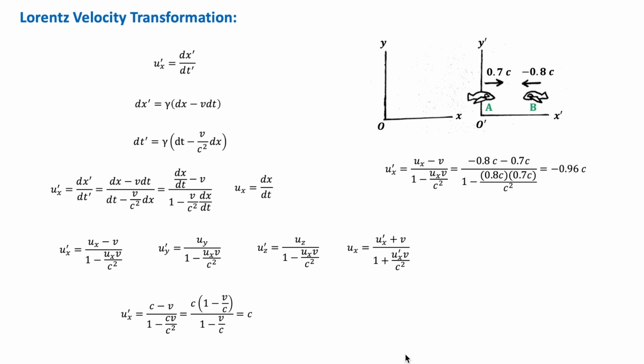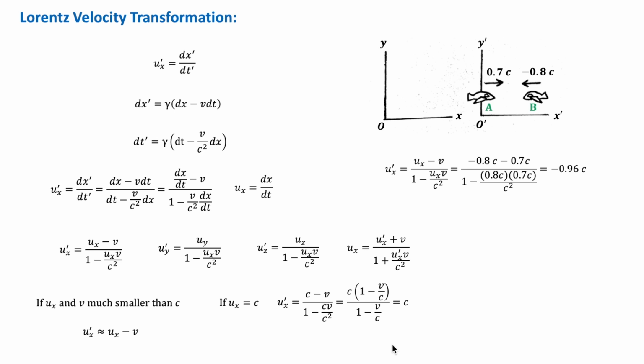And so if we substitute for dx dash and dt dash, and since ux is equal to dx over dt, we get ux dash is equal to ux minus v over 1 minus ux v over c square, okay?